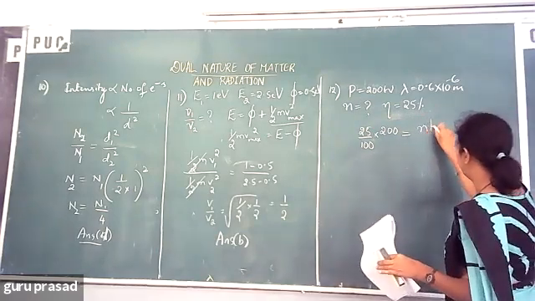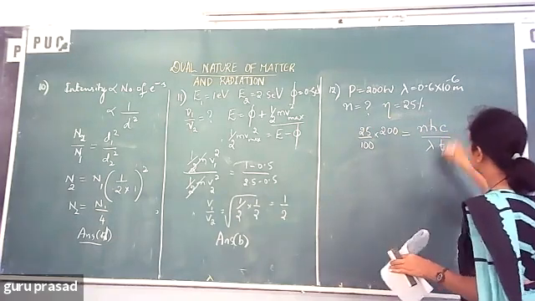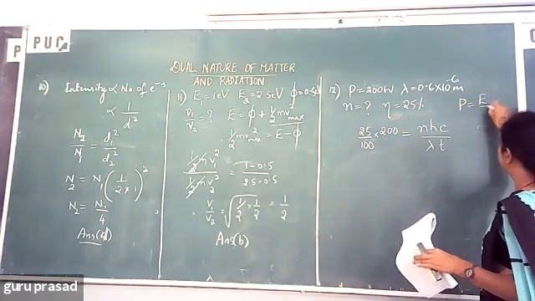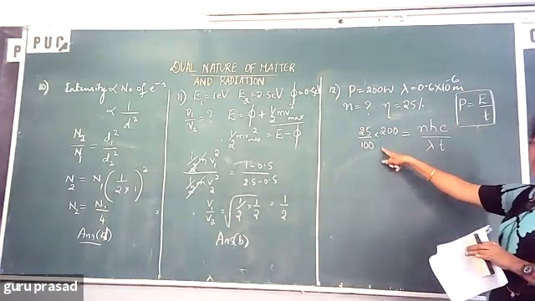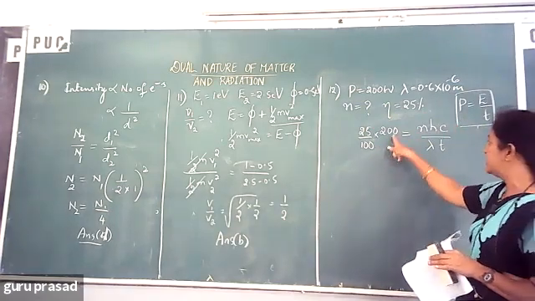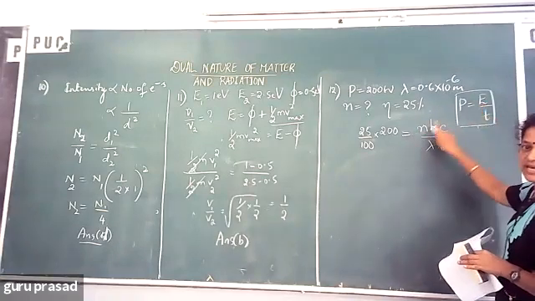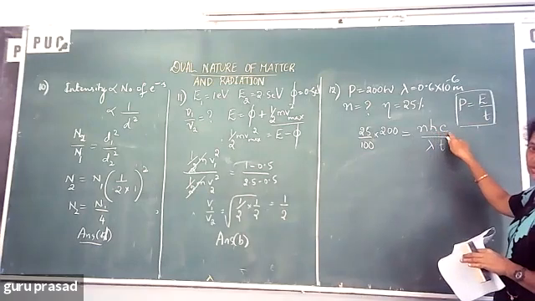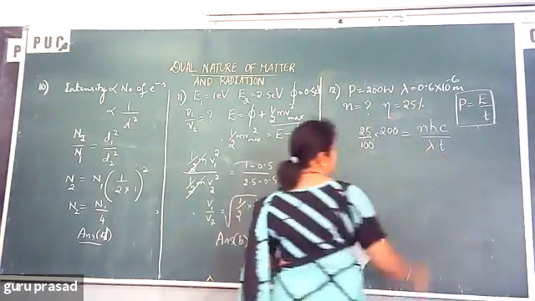So we can have an equation here. Power is equal to energy by time. Power efficiency here is 25 by 100 of this 200, which is equal to the energy N h nu over time. For one photon it is h nu, for N photons N h nu. Nu is c by lambda, into t.